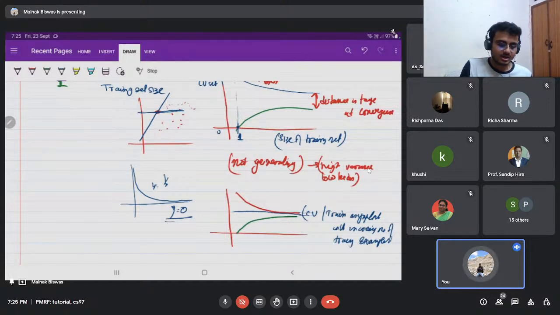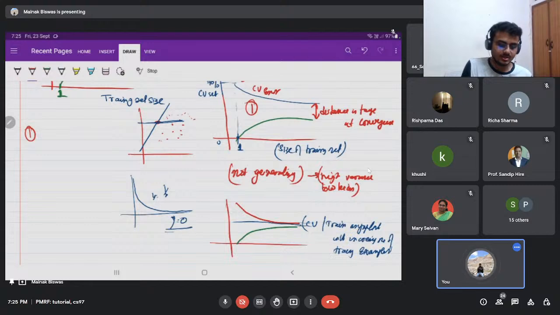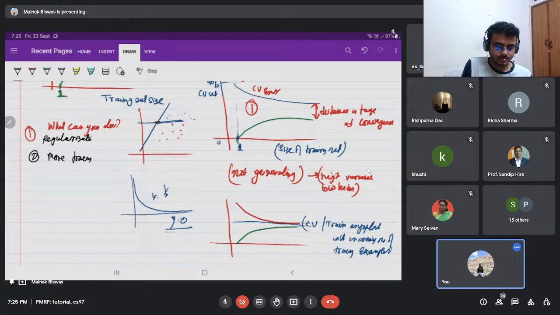So for curve 1, what are the hacks that you can employ? You can try regularization, more training data, and you can hope that the more training data will finally converge.